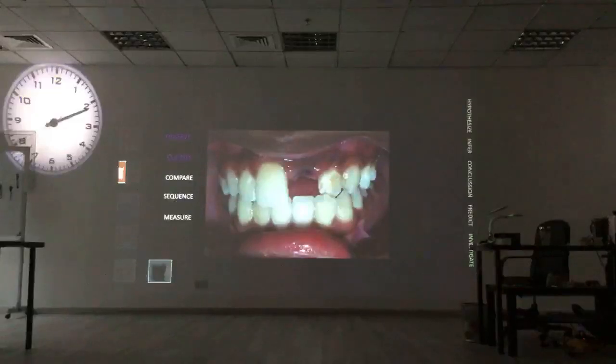Okay, what do you observe here? Bone defect in the anterior region of the central incisor. Okay. And there's also a bluish change, discoloration in the gingiva. Okay. Keep talking.